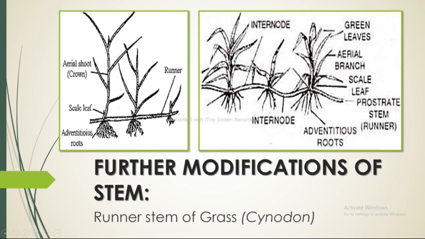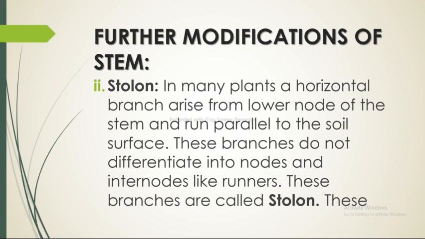In the second figure, you can see that this is an internode. Again, this is an internode. These are the green leaves. This is an aerial branch, scale leaf. Next is the prostrate stem, which is also known as the runner, and these are adventitious roots, as shown in the figure.